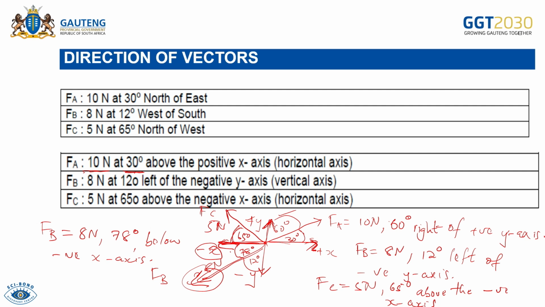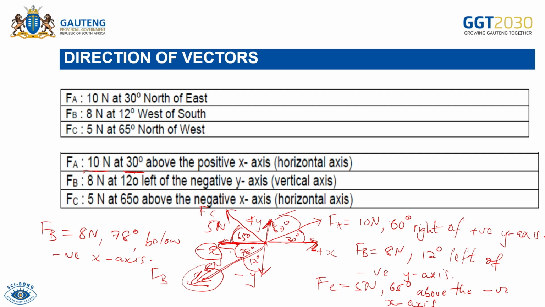Okay. So here, I'm using the x-axis and the y-axis, right? So remember, we have positive x-axis and negative x-axis. What is important when we are using the x-axis is that the angle will be either above or below the x-axis.